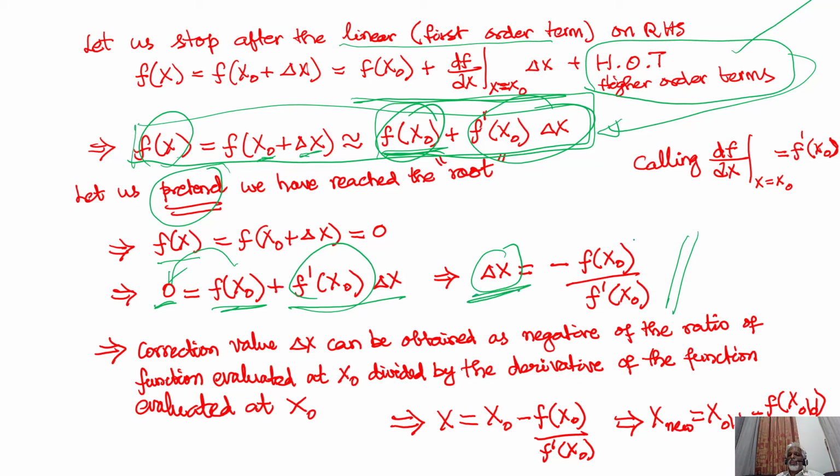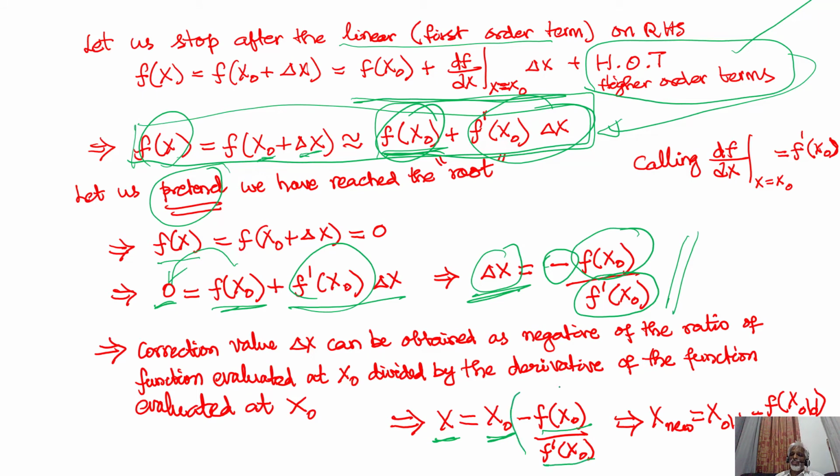It is the value of the function at my current guess divided by the derivative of the function at my current guess, multiplied by a negative sign. That is going to give me delta x. And so I can write the new value of x is going to be the old value of x, which is the symbol x naught, minus the function evaluated at x naught divided by the derivative of the function evaluated at x naught.